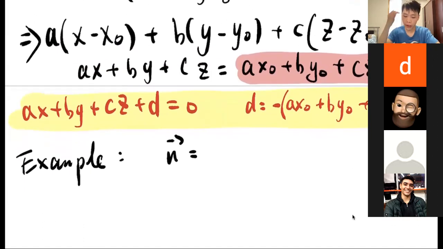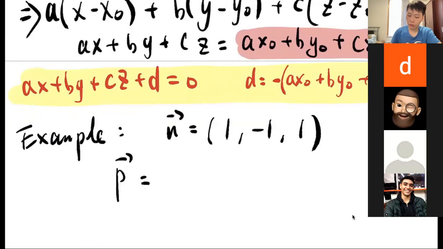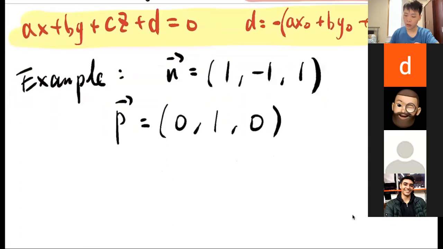So for example, if you have a normal vector (1, -1, 1) and it passes through the point (0, 1, 0), geometrically the point P is, well, this is the J vector, right? So this point P lies here. What is the normal vector?